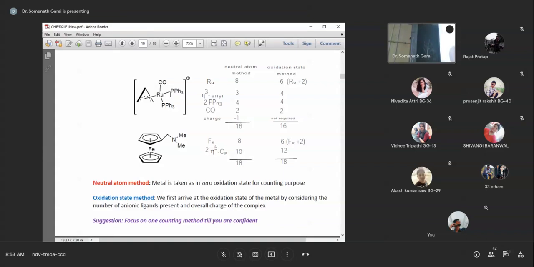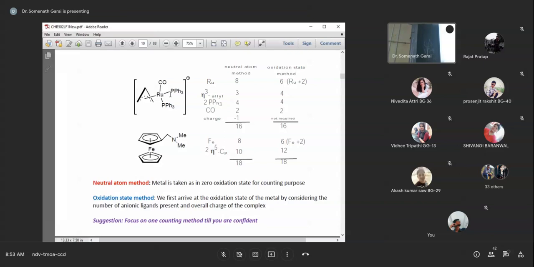Can anyone say all the transition elements without seeing anything? Start from group number 3, scandium, yttrium, then lanthanum, correct? All of these things are there.